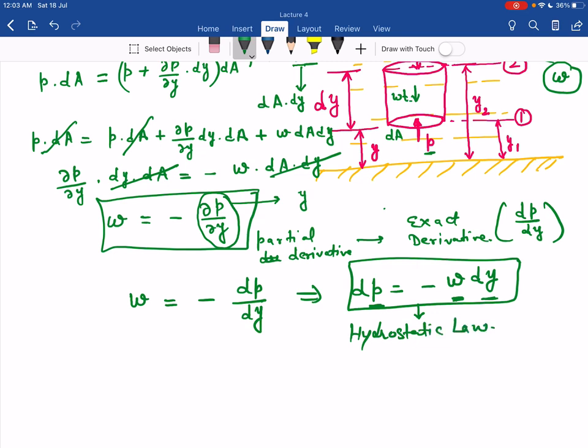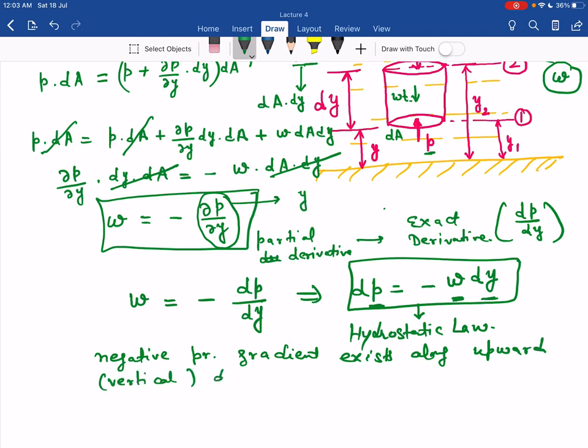Okay. Now this equation indicates that a negative pressure gradient exists along the upward, that is our vertical direction.